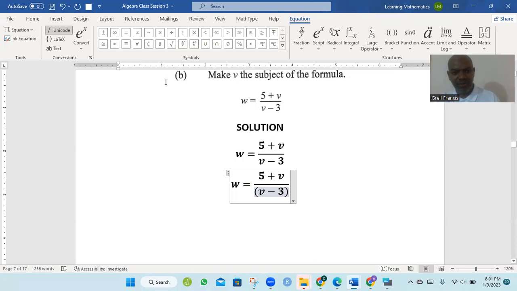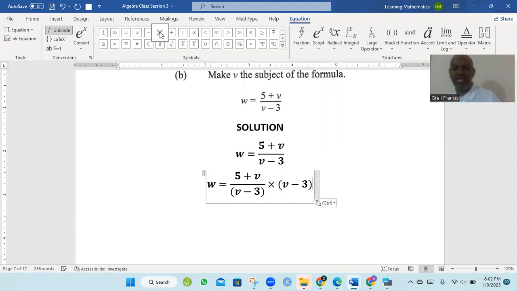Please write this down. So to cancel out anything that is dividing, we have to do the opposite operation. The opposite of divide is multiply. To cancel out a V minus 3 that is dividing, we have to multiply by V minus 3. So you can see it. That multiply V minus 3 is going to cancel out that V minus 3 below there. One is going to cancel out the other.